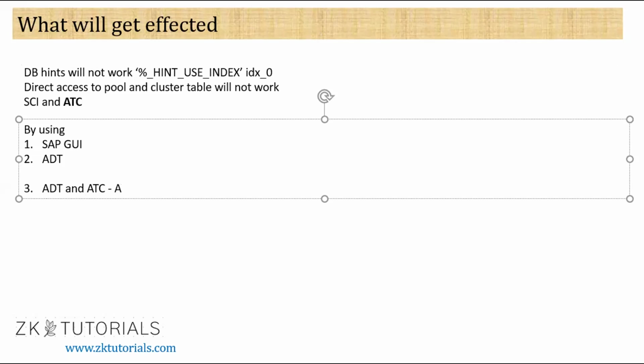What is the difference between these? ATC is a tool. What type of tool? Tool to identify and check your code quality against different variants. Okay.